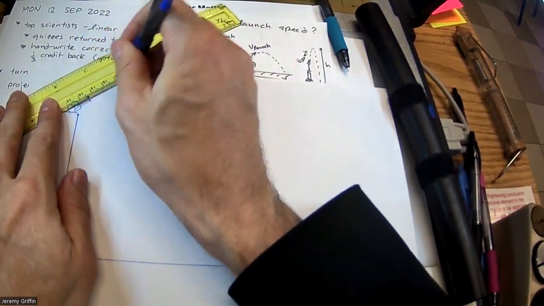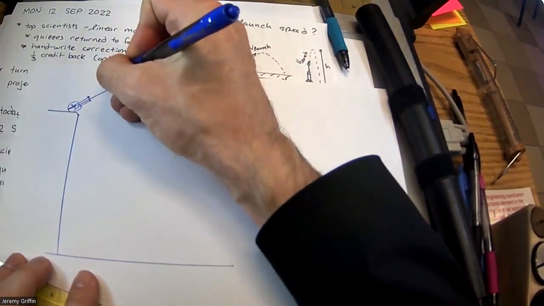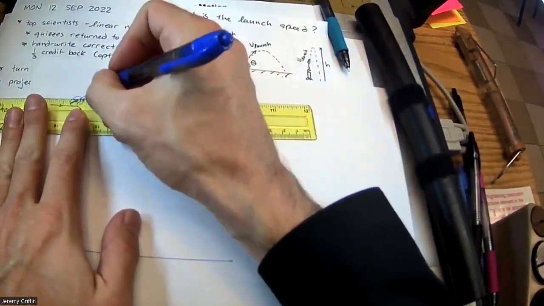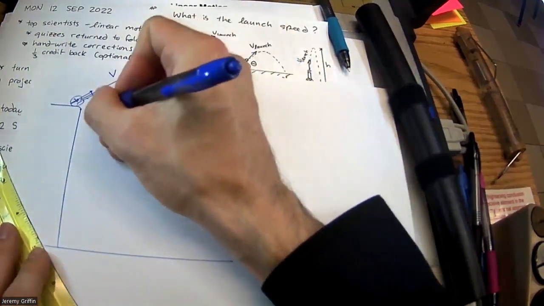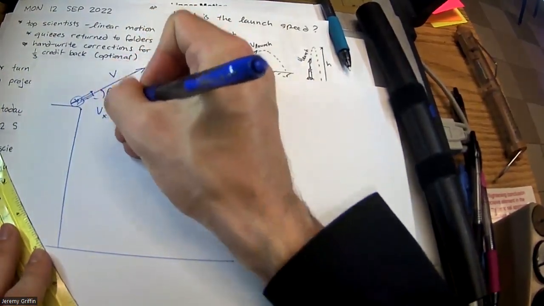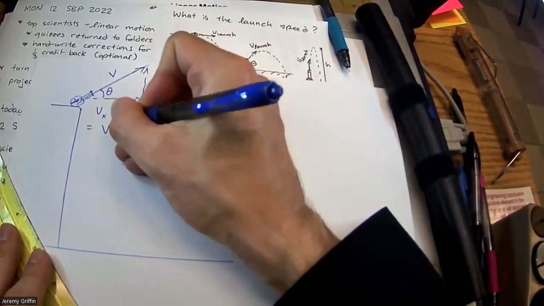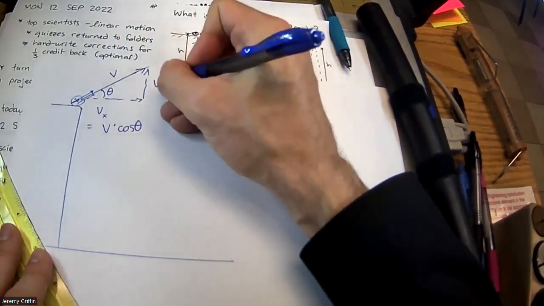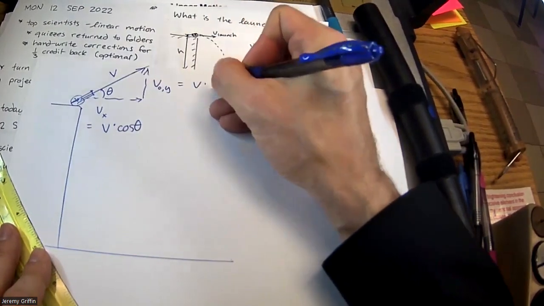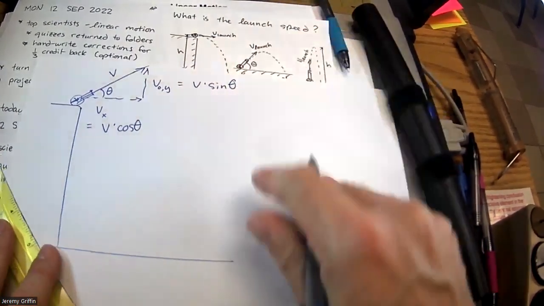Gonna blast. I'll just call this plane V, and then I'll split the components. This is V sub x, which would have been blast v times cosine of the angle to the horizontal, and v naught y, which would have been blast v times sine of the angle to the horizontal.